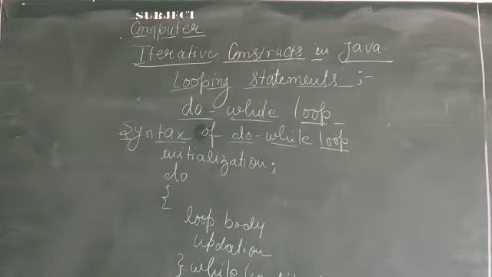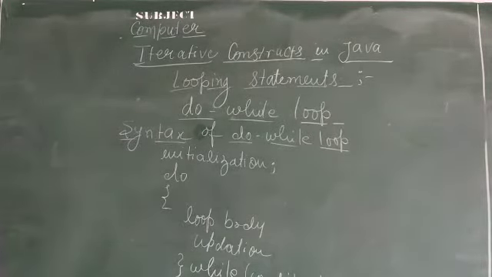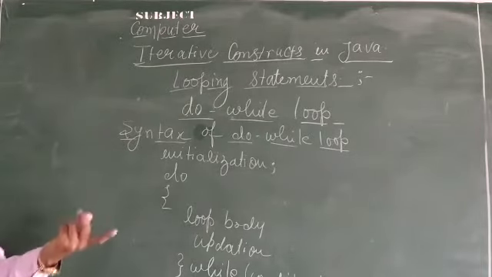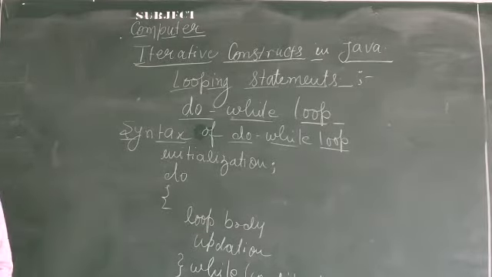In do while, the condition is at last. But in the while loop, the condition section is given at the top, or we can say at the entry point.